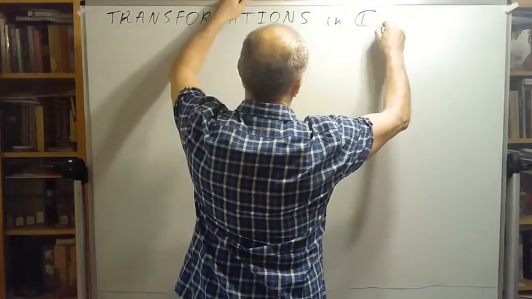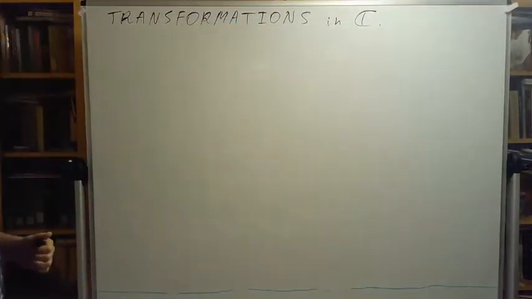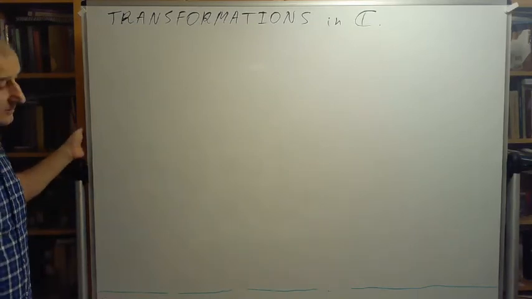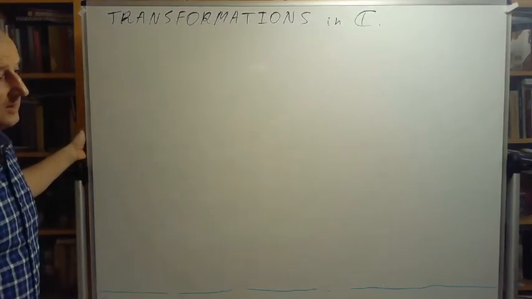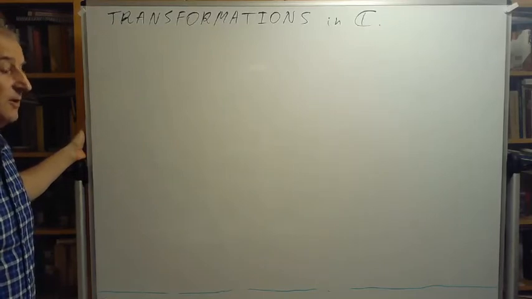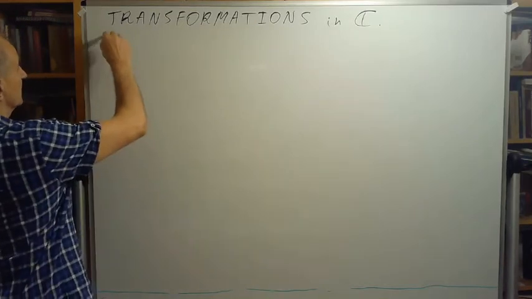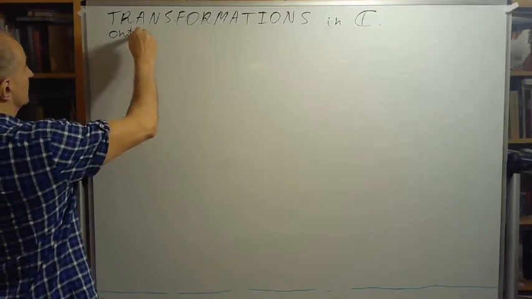In the complex plane, we will suggest that transformations or maps are functions from the complex plane onto the complex plane, and this transformation is one-to-one. So it is one-to-one and onto transformations that we are going to consider.